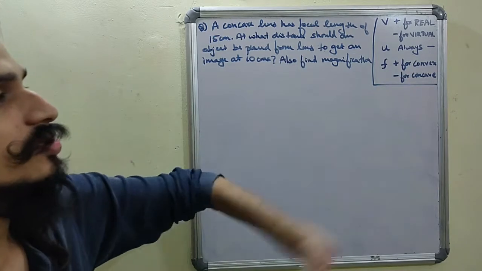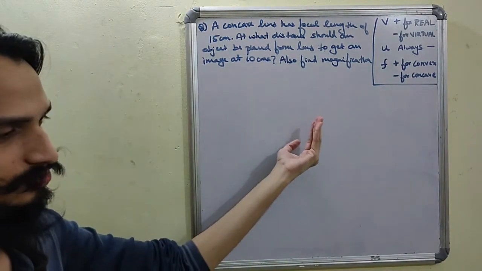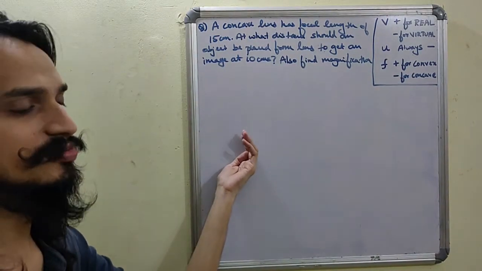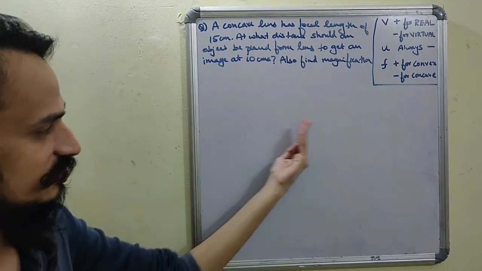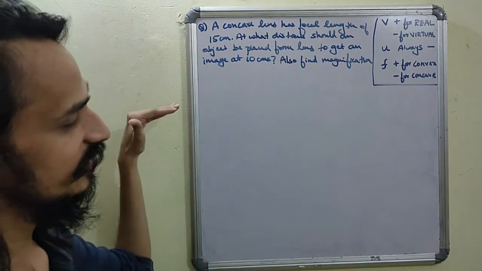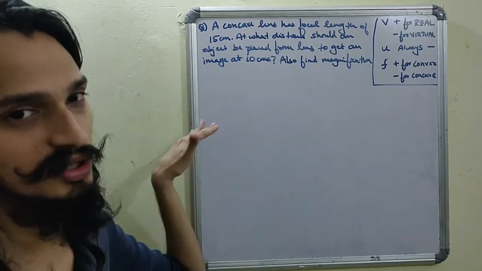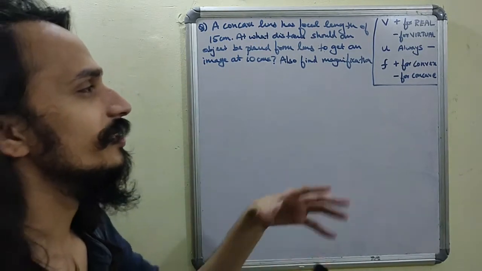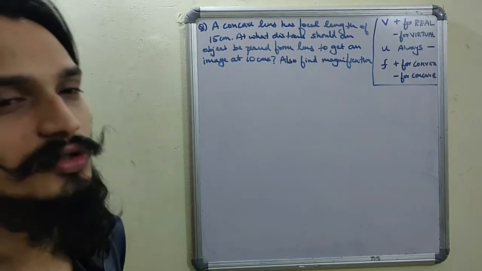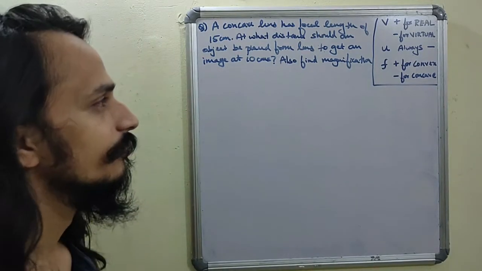U is always negative because the lens is here, the object is behind. So we measure towards the left, but the light is always going from left to right. That tells me that U is always going to be negative, no matter what sum we take.